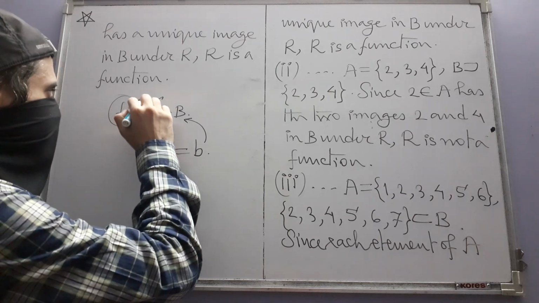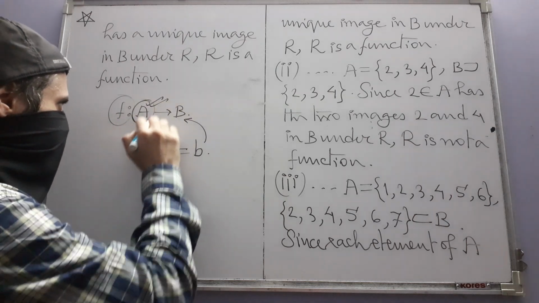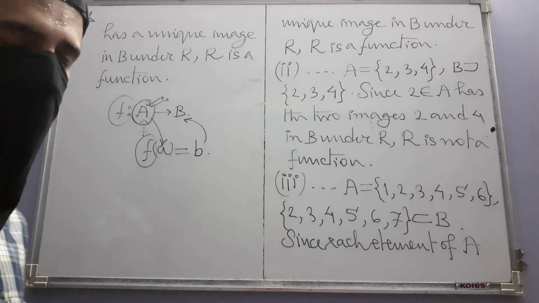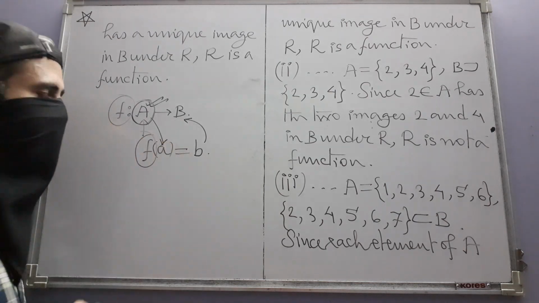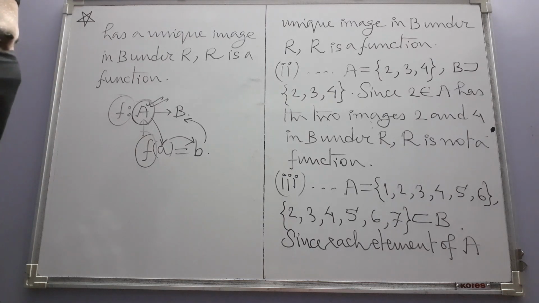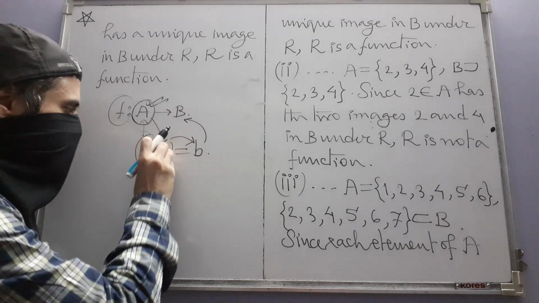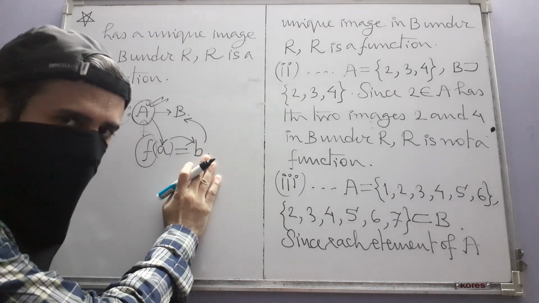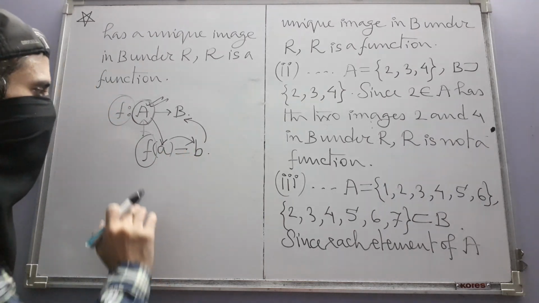So that's why we need A to consist of reasonable objects that can be put in the machine to give you a product B. And of course, when you put some things in F, you get only one product at a time, not more than one.